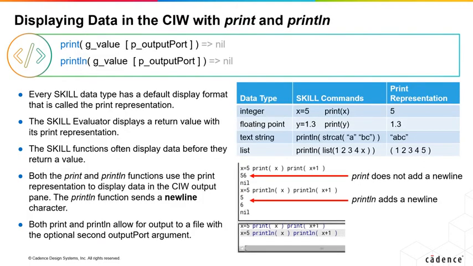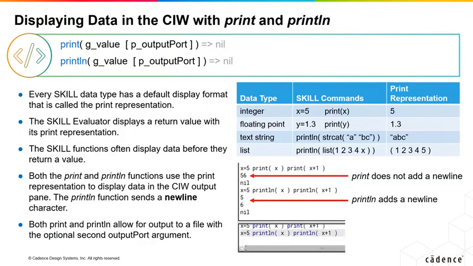Continuing on in the skill fundamentals section, next we'll look at some options for displaying data in the CIW. So every skill data type has a default display format, which we call the print representation. And the skill evaluator displays the return value with its print representation.